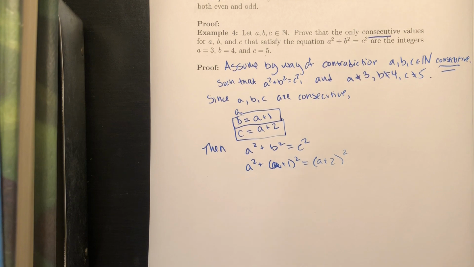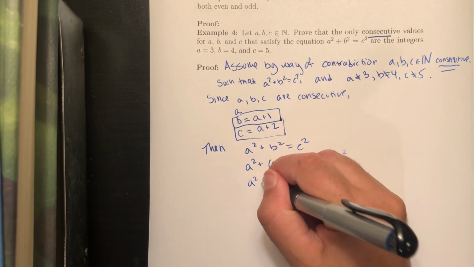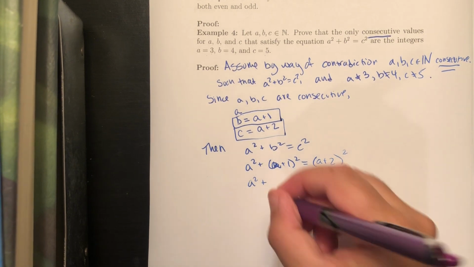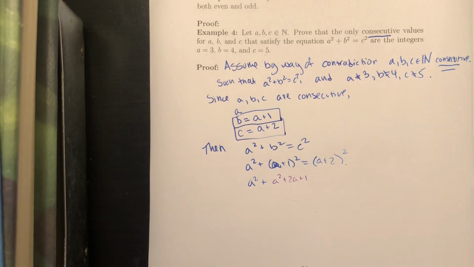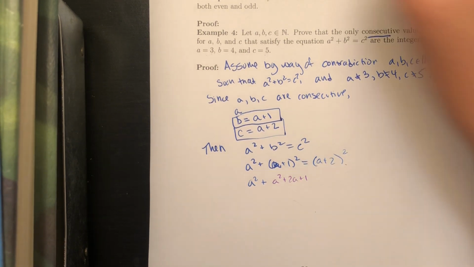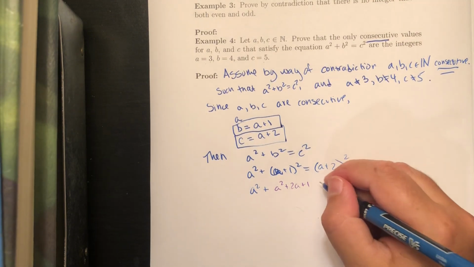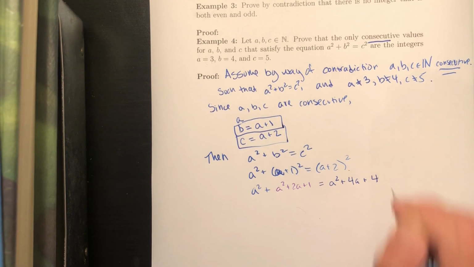All right, so let's go ahead and try to multiply these out then. We'll have a squared plus, if I distribute (a plus 1) squared, I'll get a squared plus 2a plus 1. And if I distribute on the right-hand side, I'll get a squared plus 4a plus 4. Where's the contradiction here? I don't see a contradiction yet. So let's try manipulating this a little bit.